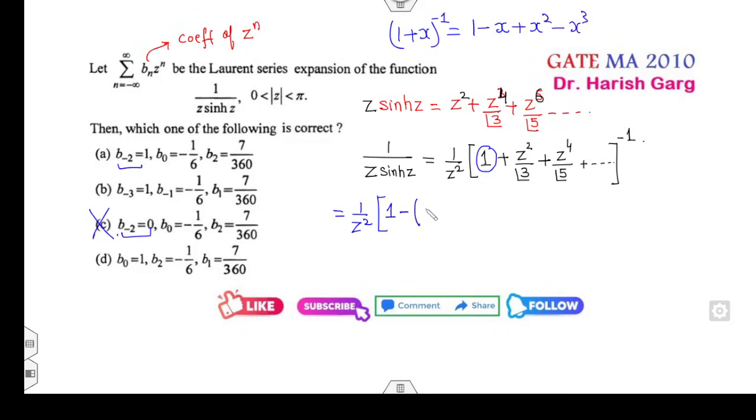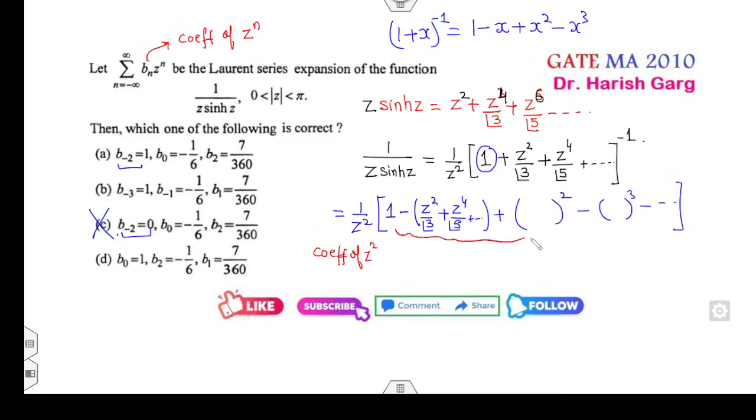1 minus x plus z4, fine, plus similarly cube square and so on. Now when will the constant be formed? When you get the z square. So look at the coefficient of the z square. Inside this, here you will not find any, that's a 0.